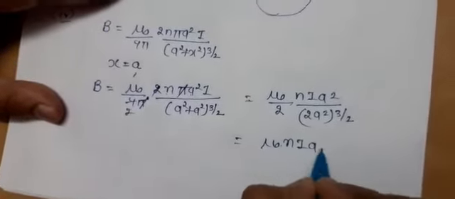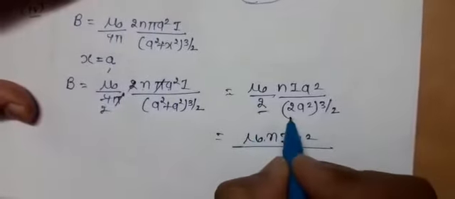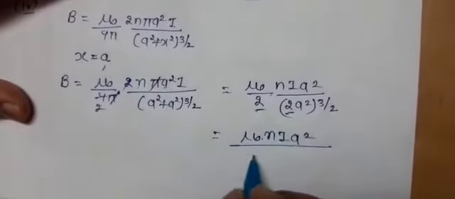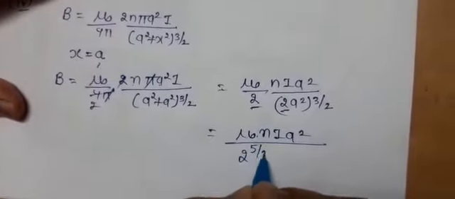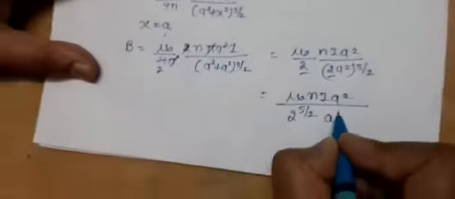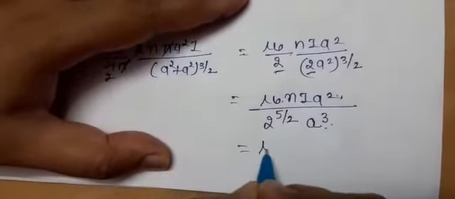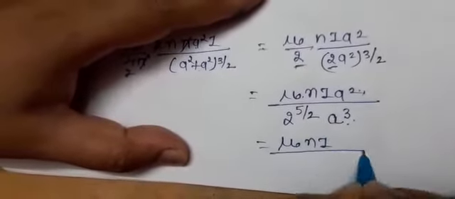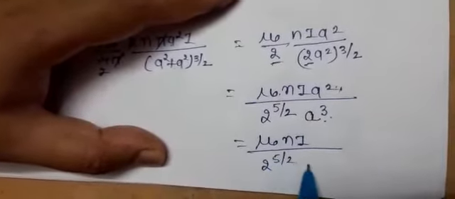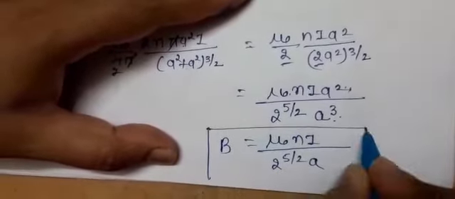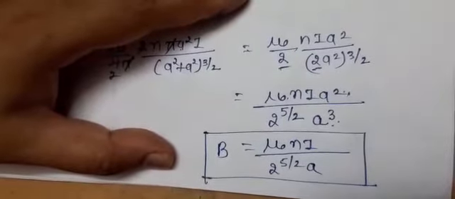The numerator remains the same, in the denominator 2 raised to the power 1 and 2 raised to the power 3 by 2 will be 2 raised to the power 5 by 2, and a raised to the power 3. Further, cancelling factors are present, so I will simply cancel them and the result comes out to be this one.